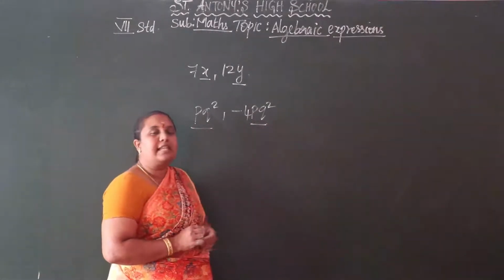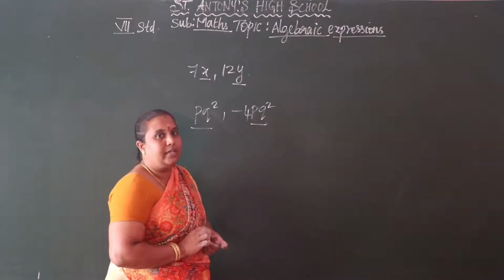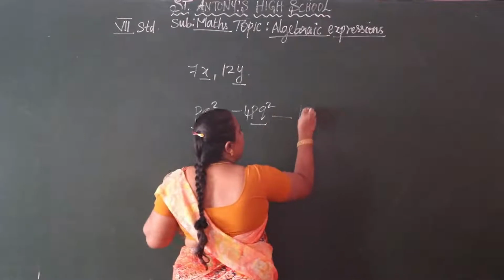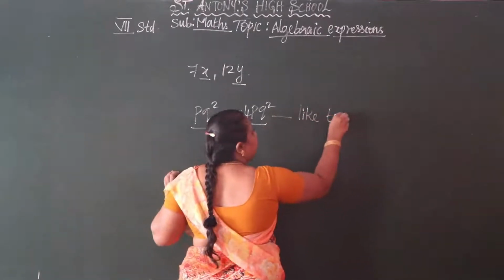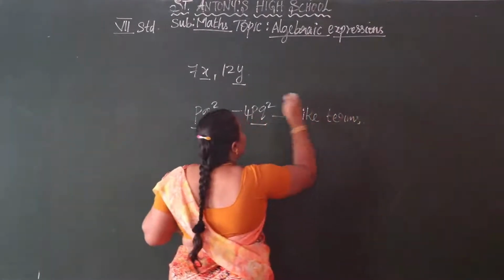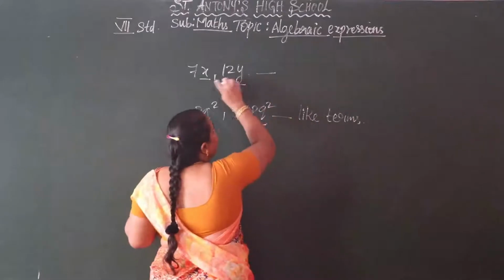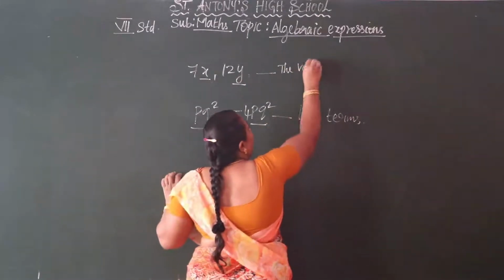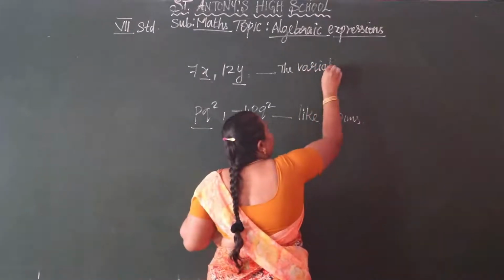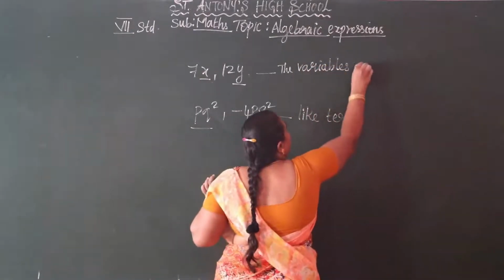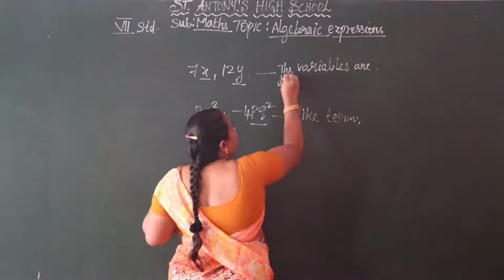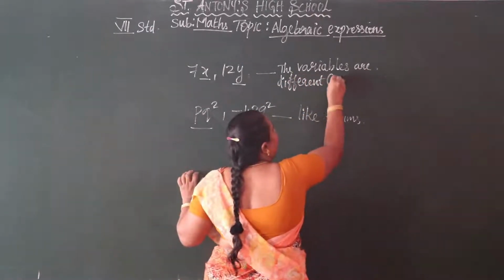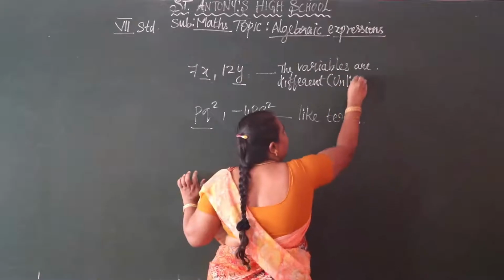Both are the same, having the same variable, so we can say these two are like terms. Why? Because the variables are the same. In the other pair the variables are different, so we can say the two are unlike terms.